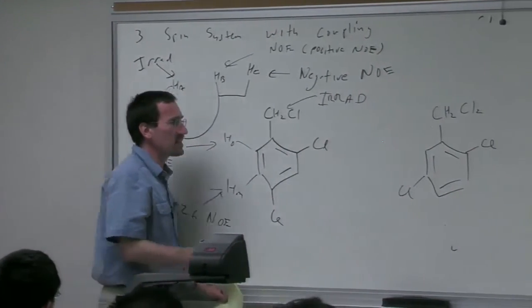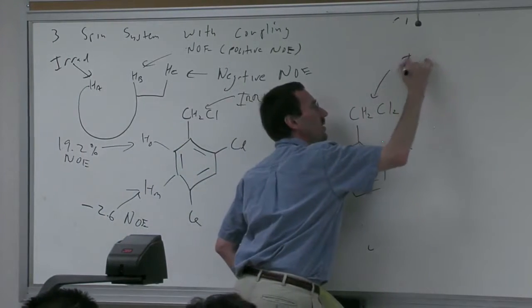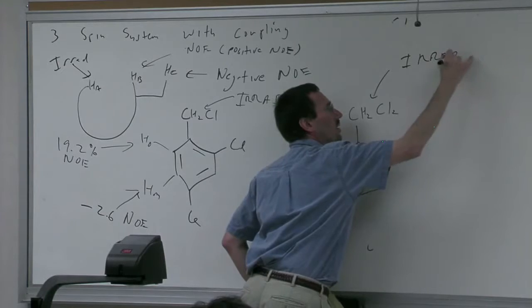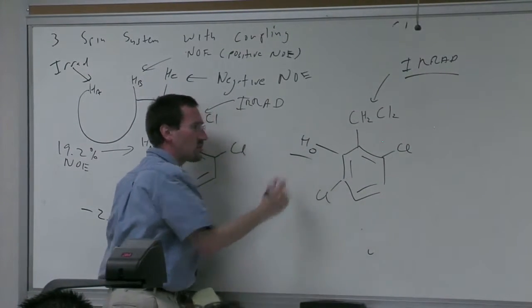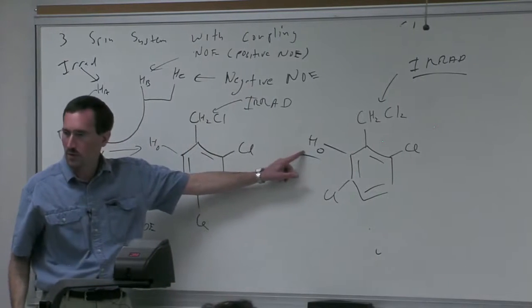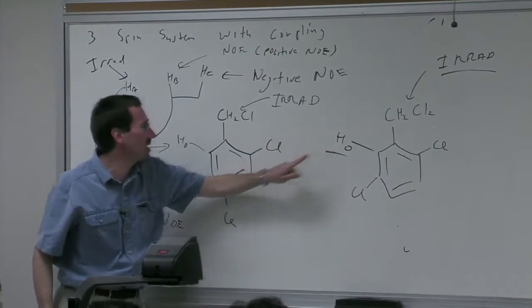But if you look at this here, you can imagine if we irradiated, in this case, you would see an enhancement of this ortho proton here, which would be a doublet with only meta coupling.